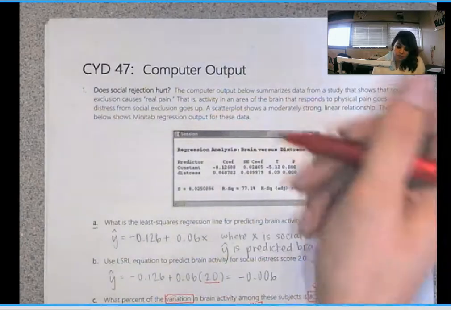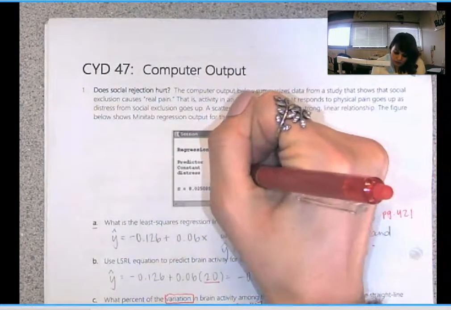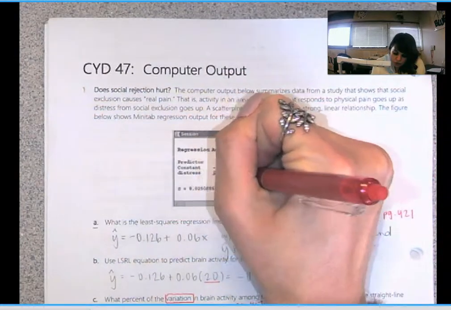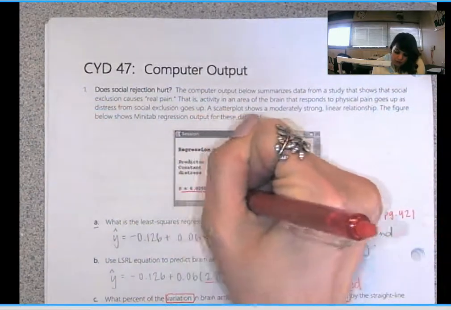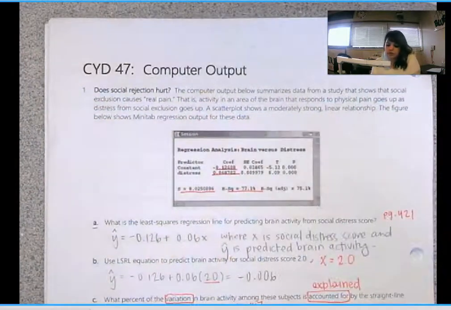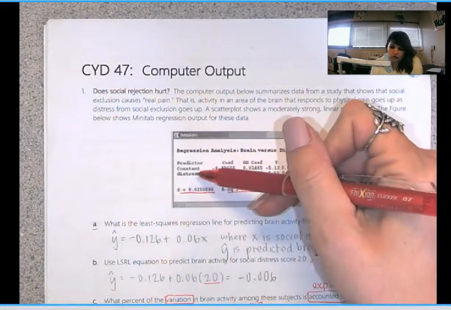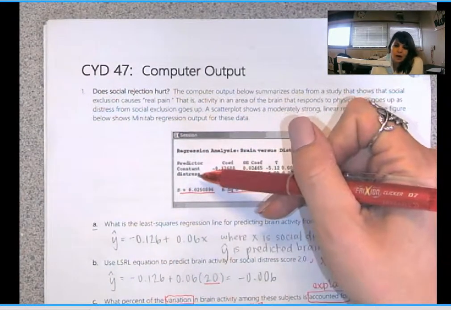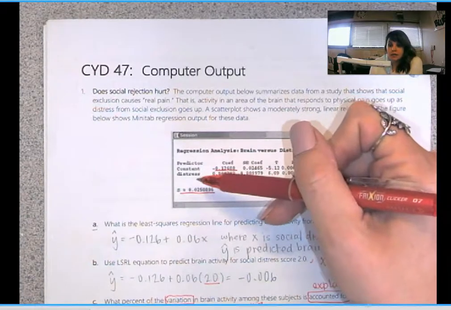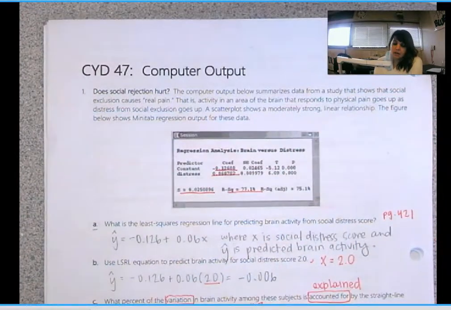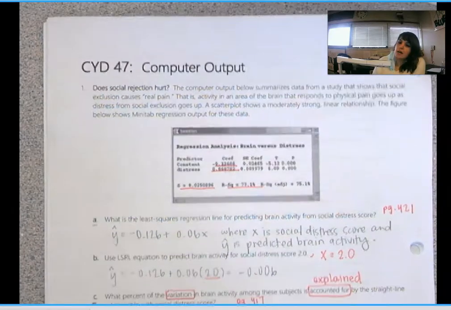Just as a reminder, our 4 numbers are the 2 under coefficient, the s value, and the r squared value. Then this word right here, this distress word, tells us what our x variable is. That is what we covered in the lesson for computer output, and then we are applying that information in this Can You Do.